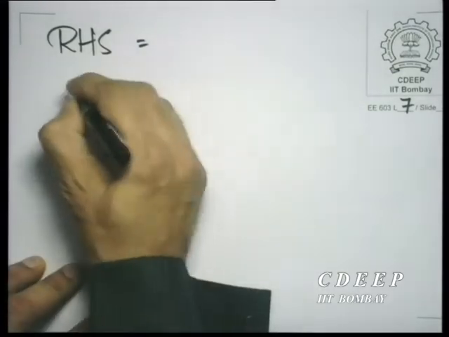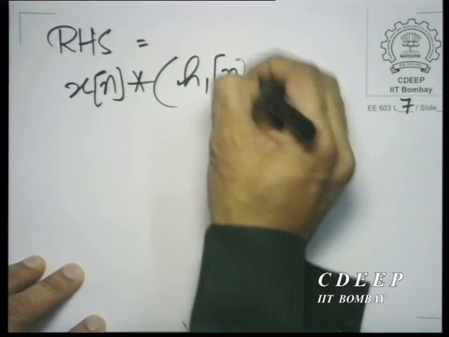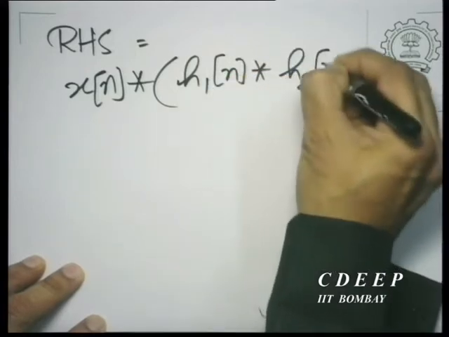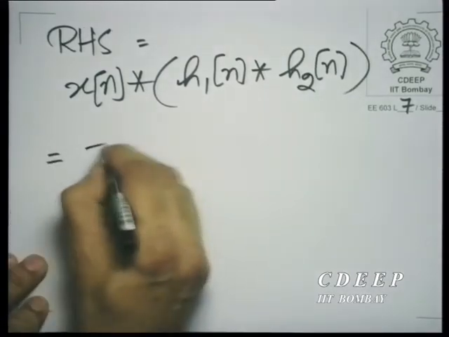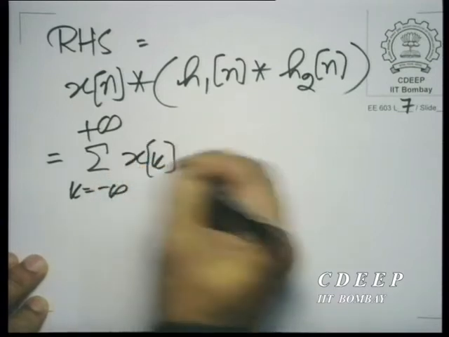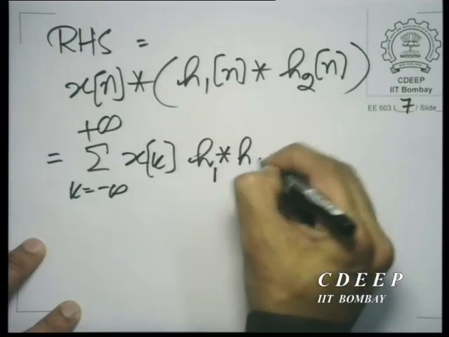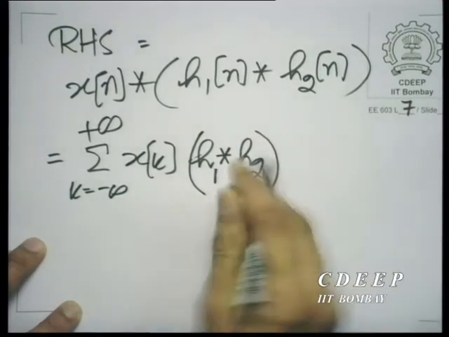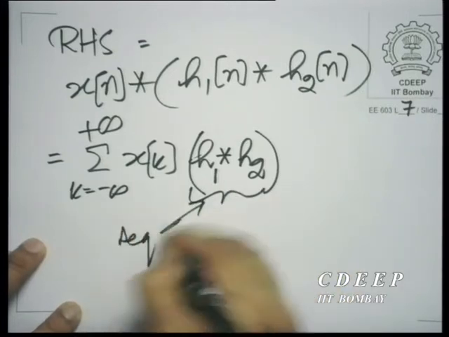Now, we write the right hand side. And the right hand side is of course xn convolved with h1n convolved with h2. And this is very clearly summation k running from minus to plus infinity xk, and I need to write, I'll use this to denote the sequence obtained by convolving h1 and h2.